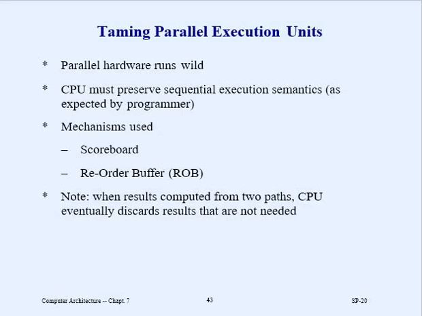So this is the crux of all this parallel execution units, that it examines the code and divides the code into two groups. One is dependent instructions and the other is independent instructions, whose order is not important because they are not being used in any preceding command.